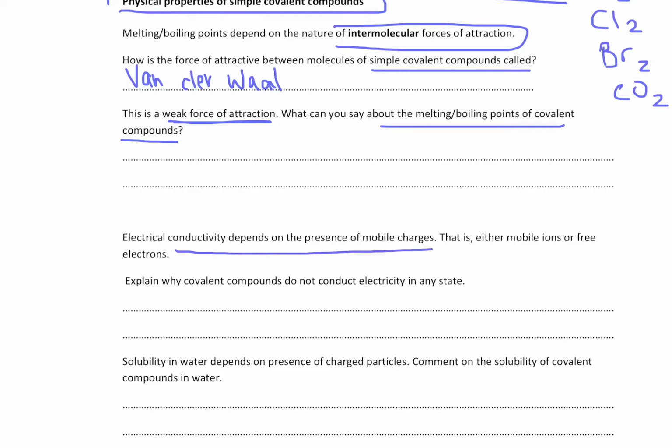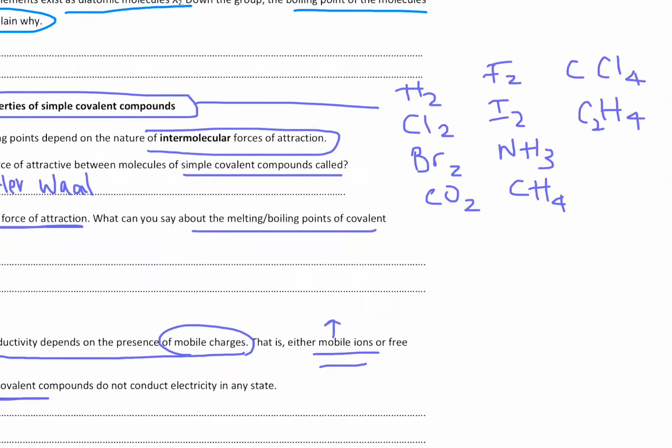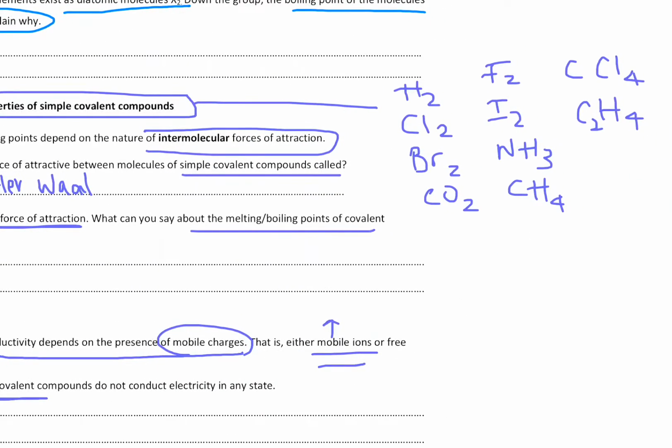Electrical conductivity depends on the presence of mobile charges, that is either mobile ions or free electrons. Now, in ionic compounds, you have mobile ions when they are either dissolved in water or when they are molten. But in covalent compounds, there are no ions. There is no charged particle. Electrons are trapped in the electron shells, and there is no cation or anion.